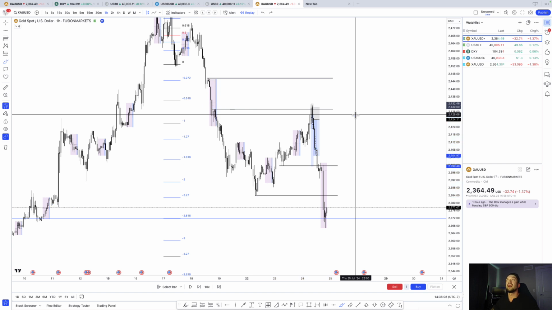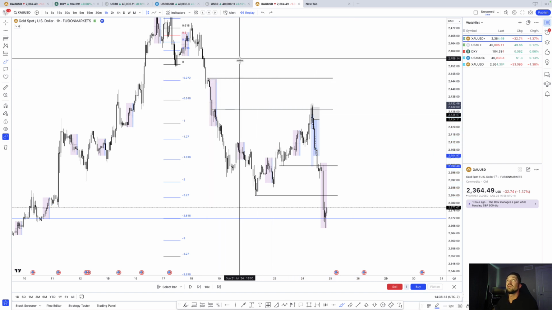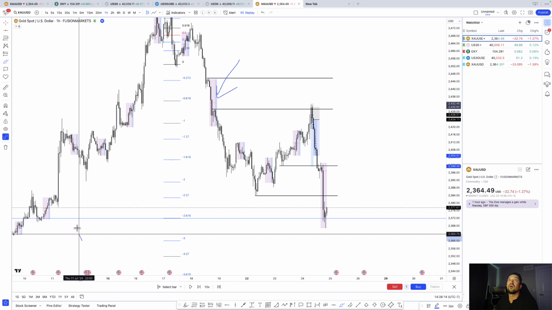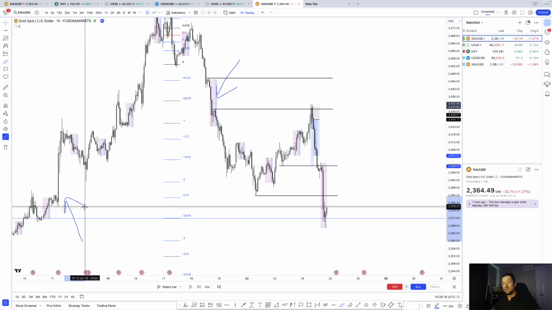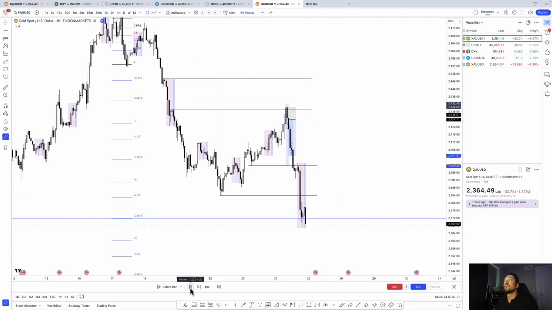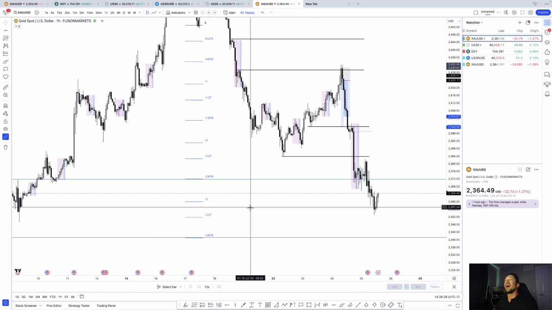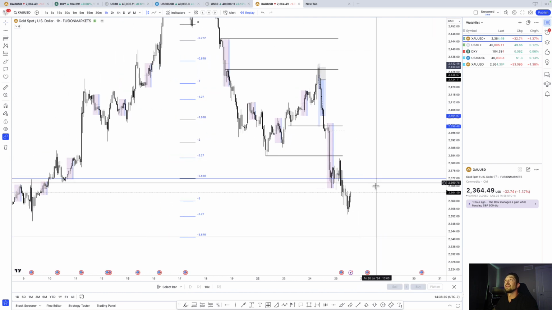And the reason for that is these are heavy liquidity injection zones. So generally, if you see momentum that was caused by something, expect a better reaction there. So with that in mind, I can pretty much assume that gold will likely continue down.